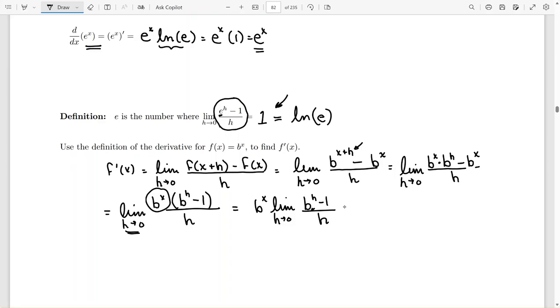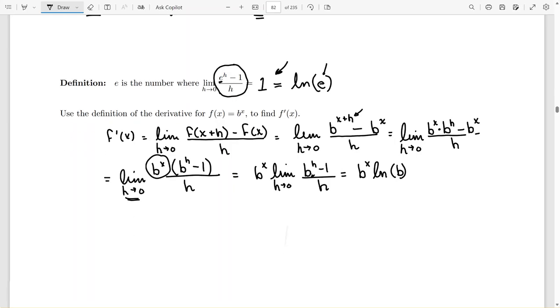Our base is b, so when we rewrite this, this is going to be b to the x, and instead of an e in here, natural log of e is 1, it's going to be natural log of b, our base. So again, it's just showing that the derivative of b to the x is b to the x natural log of b.